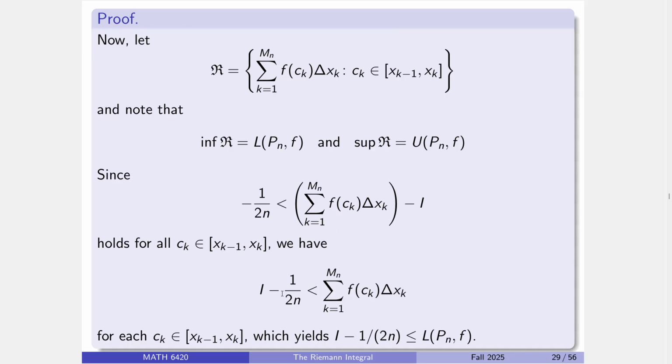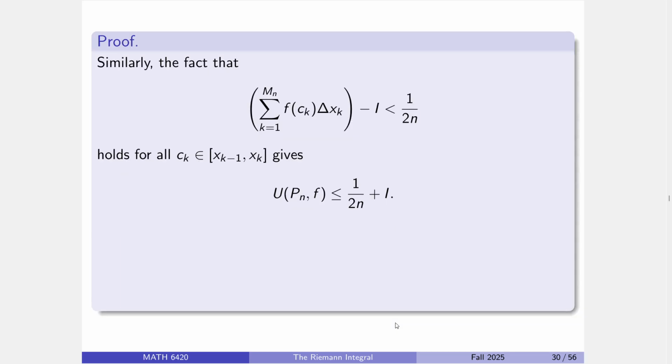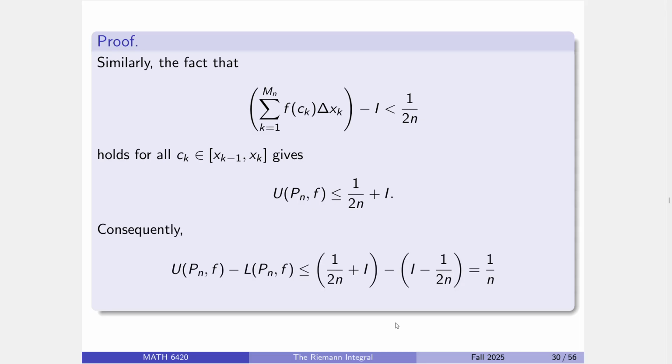From that I get that I minus 1 over 2 to the n is strictly less than this thing here. And that's good for any choice, and so that means I minus 1 over 2n is a lower bound for the Riemann sums, which means that it is less than or equal to the greatest lower bound, which is the lower Darboux sum. Then a similar thing happens for the upper Darboux sums.